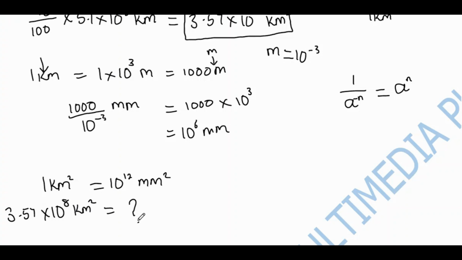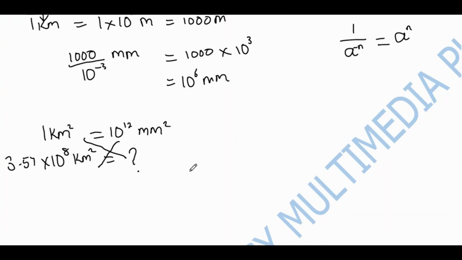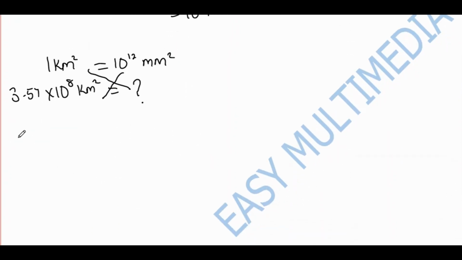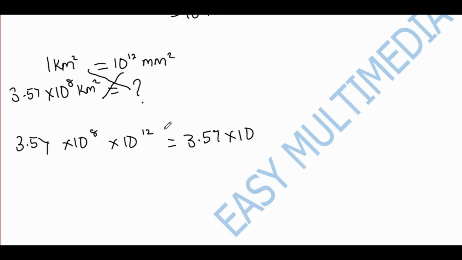How many square millimeters are they? We multiply. Now this becomes 3.57 times 10 raised to power 8 times 10 raised to power 12 divided by 1. So the answer is 3.57 times 10 raised to power 8 plus 12, which is 20 square millimeters.